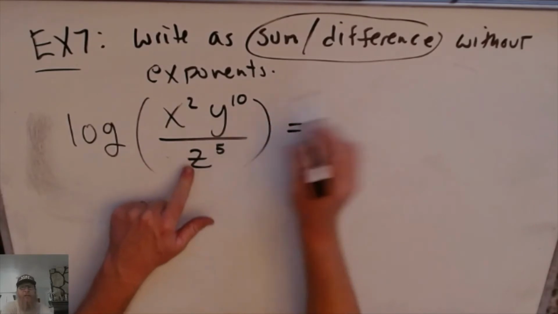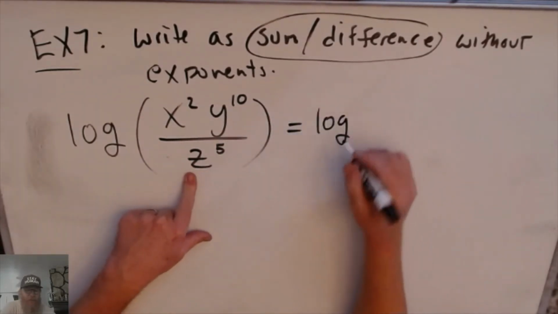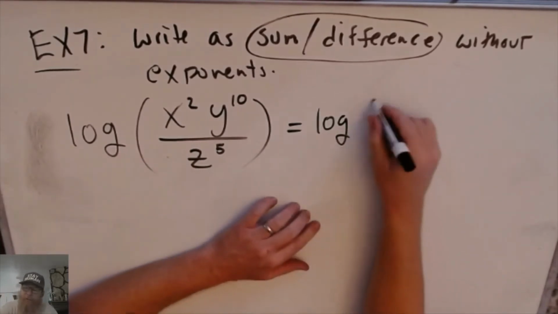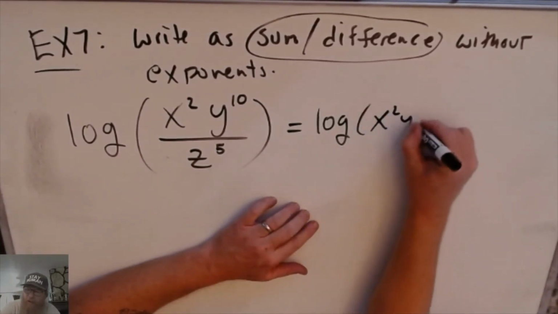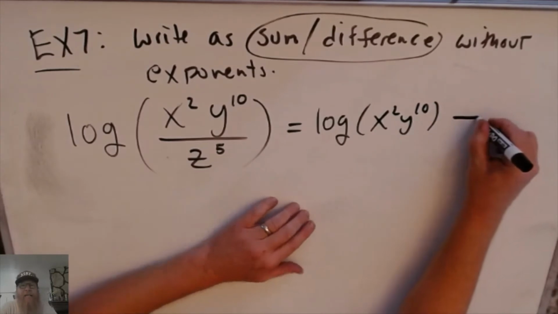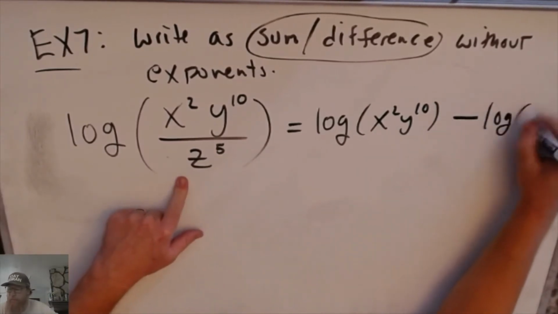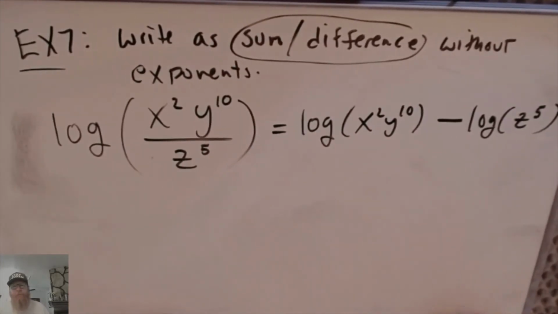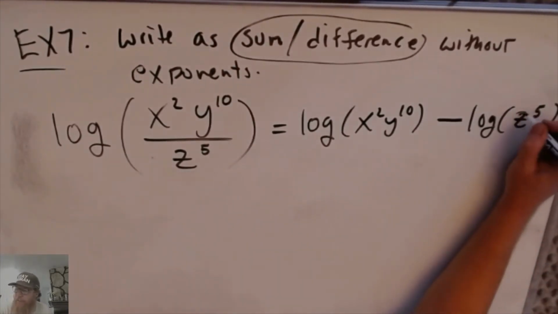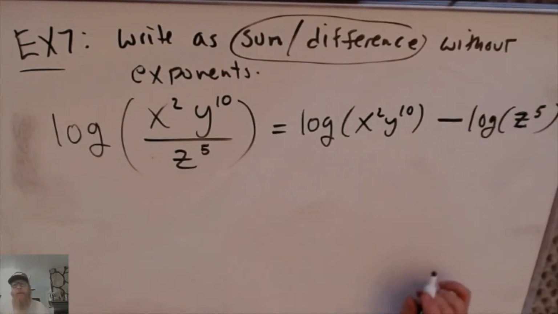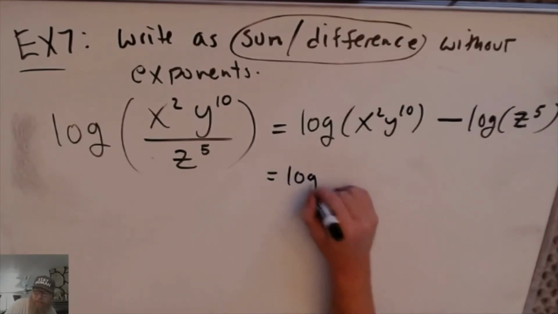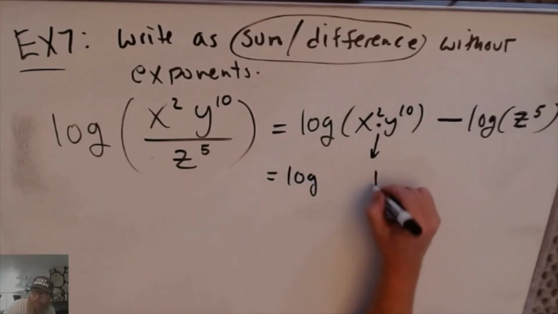So first we're going to do the difference. If you don't see a base, assume it's 10, so just write log. Difference, so we have x squared, y to the 10th, minus z to the 5th. I put a slash through my z's so that they don't look like 2's. Now I'm going to go sum.